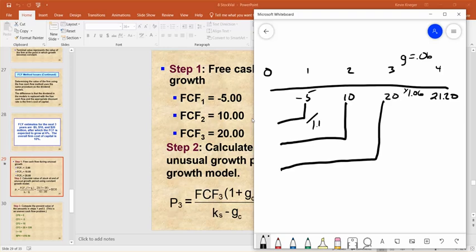You can do them individually like this, or all simultaneously by using your NPV tool correctly.